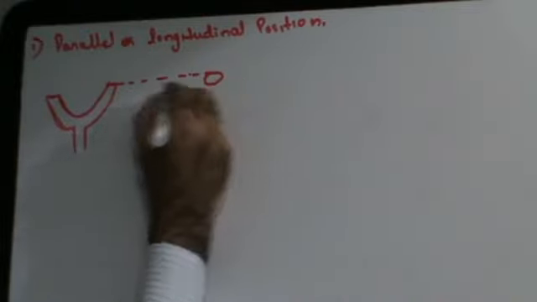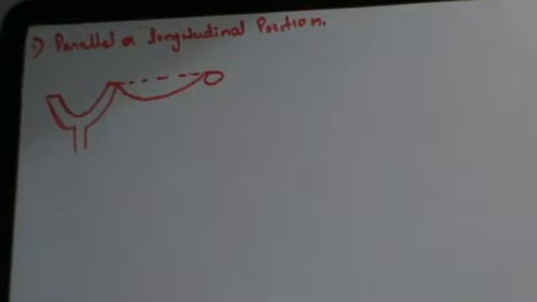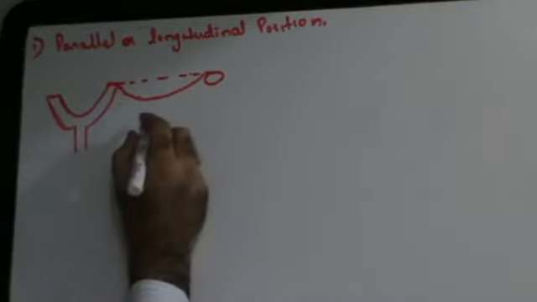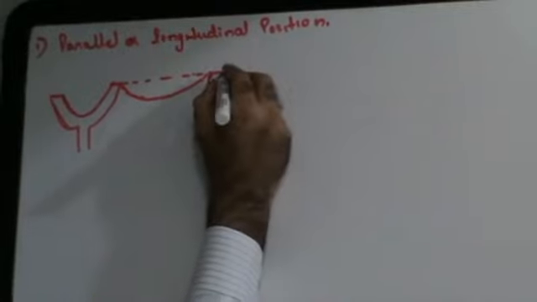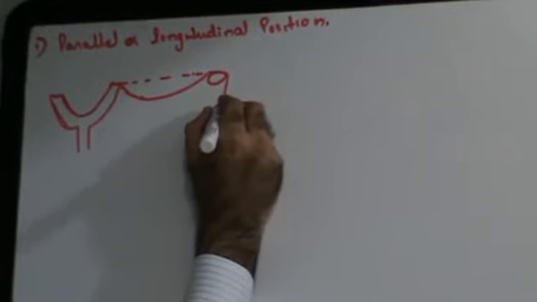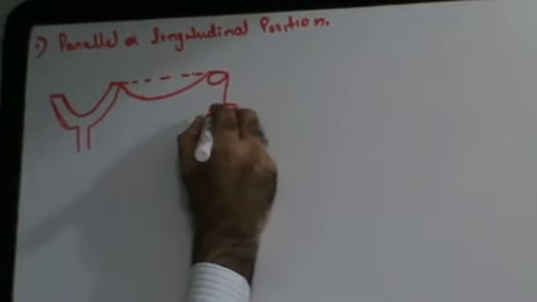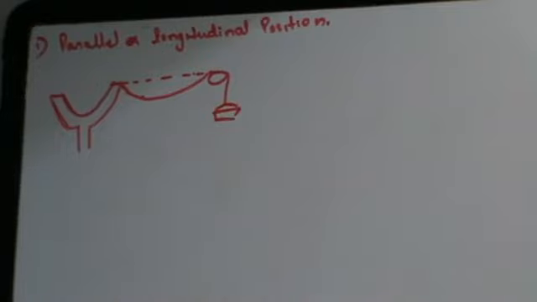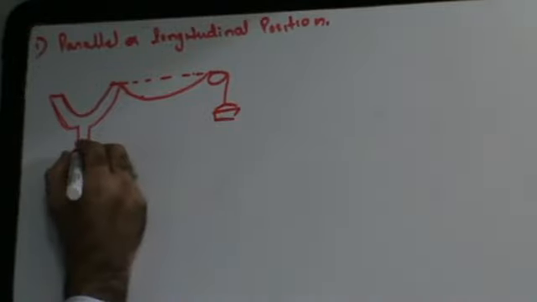This is your pulley. When the prongs are pulled outwards, there would be a slack in the wire, or in the string. Right? So the string will move in one direction.